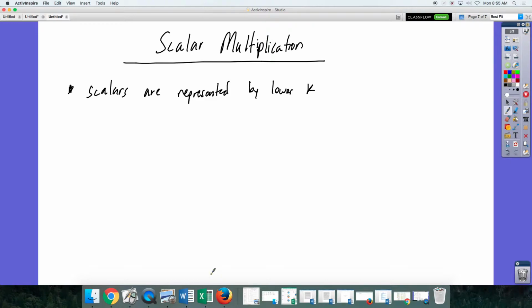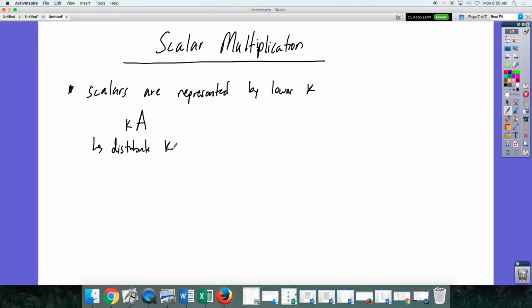Okay? So when we talk about scalar multiplication, what we're talking about is like lowercase k times A. Right? So scalar multiplication would tell you the lowercase k, whatever your scalar is, times matrix A. Okay? Times matrix A.